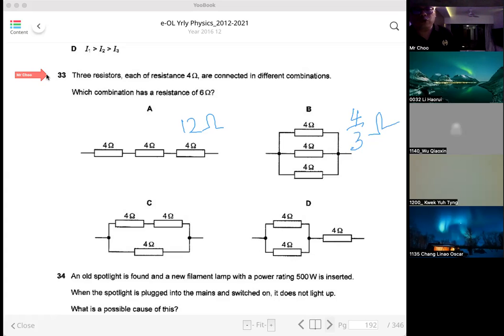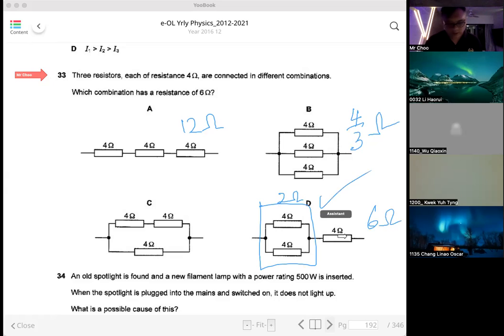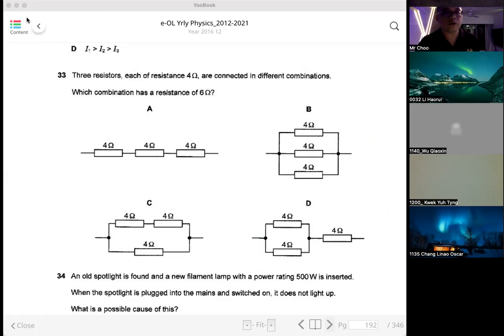I've got 2 wrong answers already. Okay, Pei Kwan, well done. Qiao Xing, well done. So all of you know, this one will give you a resistance of 2 ohm. So 2 plus 4 will give you 6 ohm, and therefore the answer is D. Is that clear? Okay, let's do the next question. Let's move on.